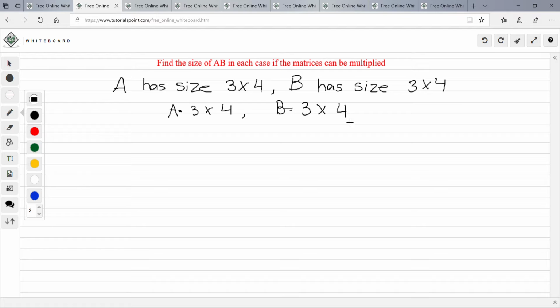First I have to determine if it's possible. So I look at these two numbers, 4 and 3. Are they the same? No, so it's not possible. So we can't multiply it.